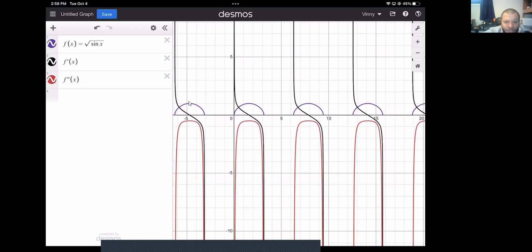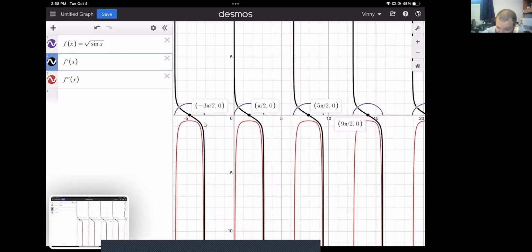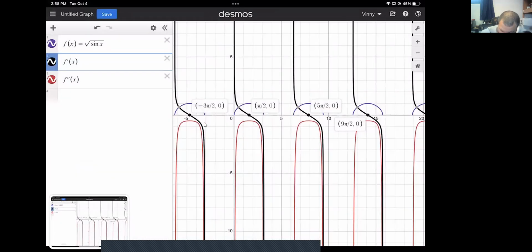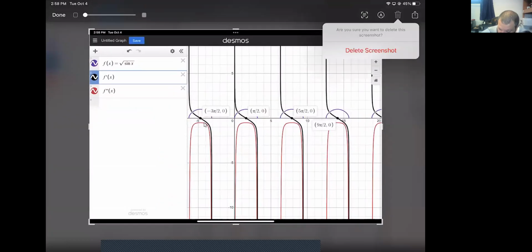We can see that we're going from increasing to decreasing. So every place the black hits 0, that's where we have our maximums on our, in this case, purple function. I'll just take a picture of this thing, copy it over, and paste this in for posterity, so you can look at it.